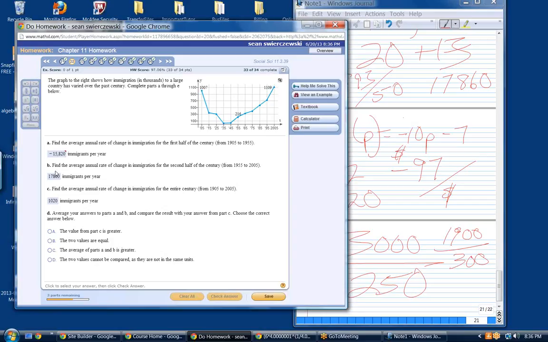Well, now hold on a second. The average would be the sum of these two divided by 2. It is the same. Average your answers to A and B means we have to add this number to this number and divide by 2. And we get 1,020. So the two values are equal.